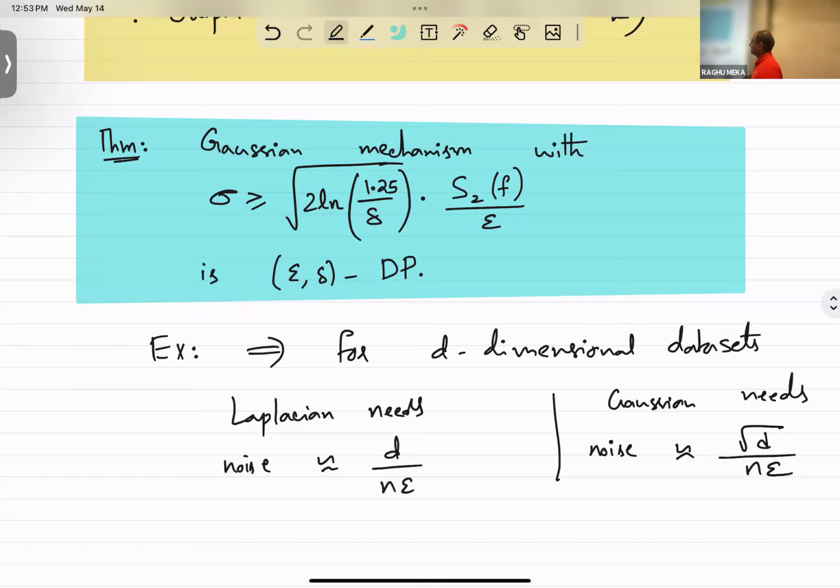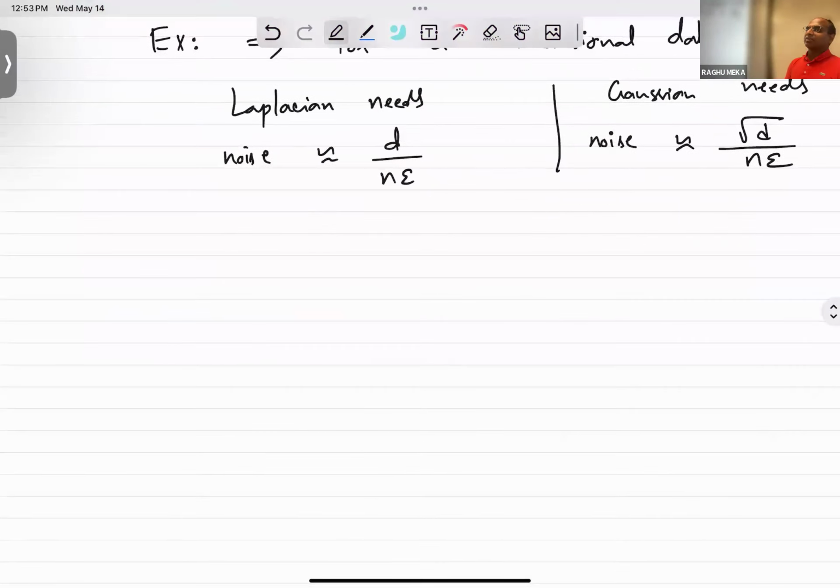So for high dimensional data sets, you can get approximate differential privacy while adding less noise. Right? So it's a better trade-off in terms of accuracy versus privacy, but you relaxed your privacy guarantee.